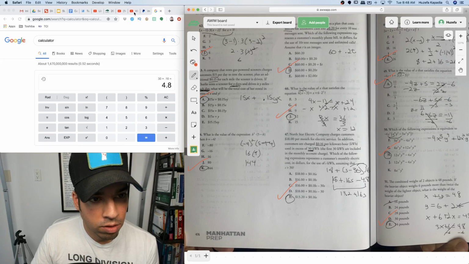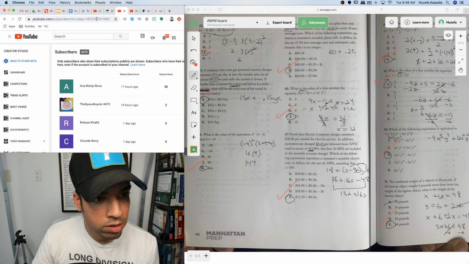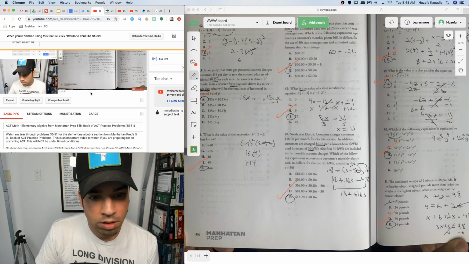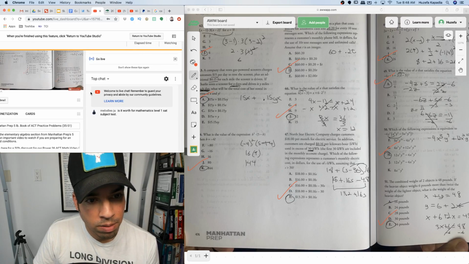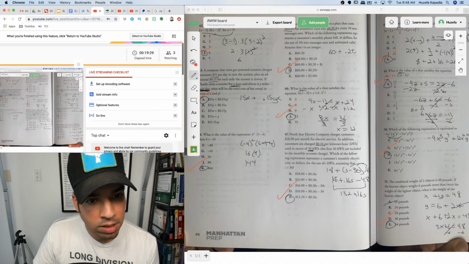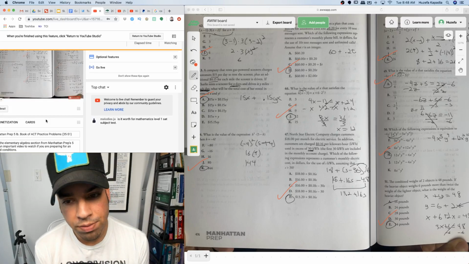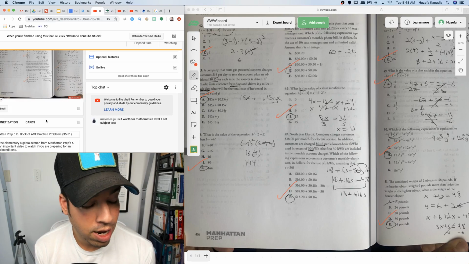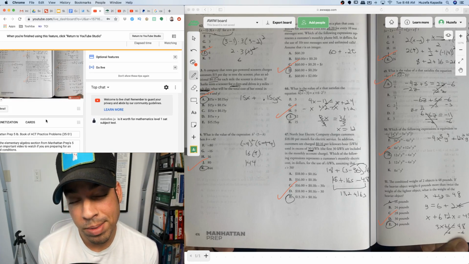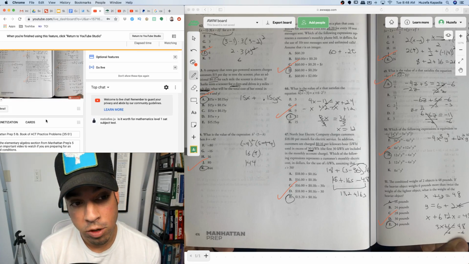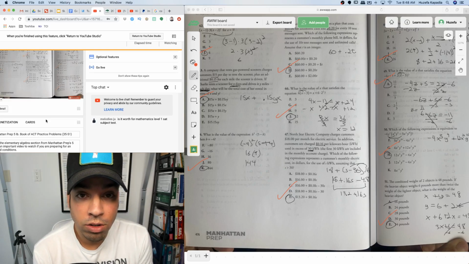Let's see if there are any questions. Hey, what's up? Is it worth it for the mathematics level 1 test? Yeah, I mean, if it's one of the tests, I think it's fine. I mean, my general suggestion, I would take the math level 2, not the math level 1, unless there's just stuff on there that you haven't covered at all.